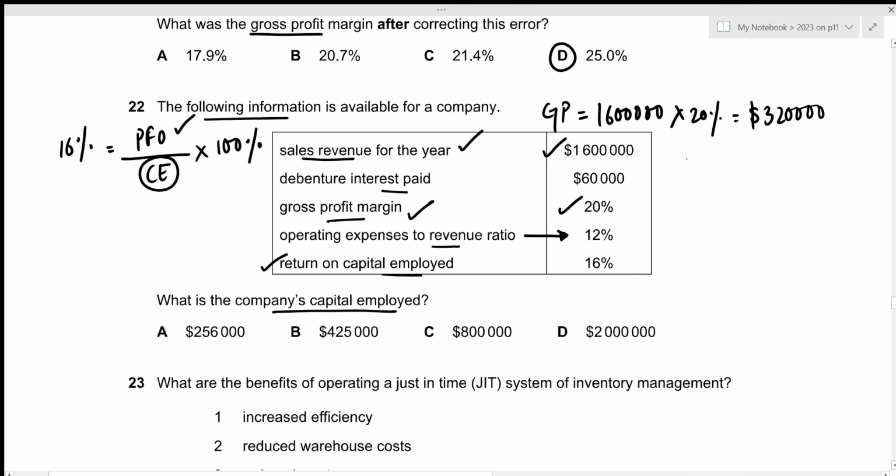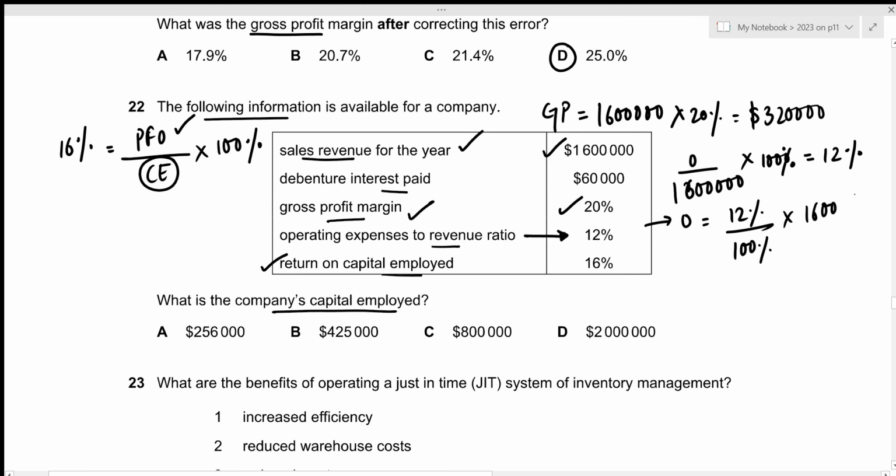And the formula is just our overheads divided by our revenue of 1,600,000 times 100% will be equal to 12%. So our overhead is just going to be 12% divided by 100% multiplied by 1,600,000. This results in 192,000.